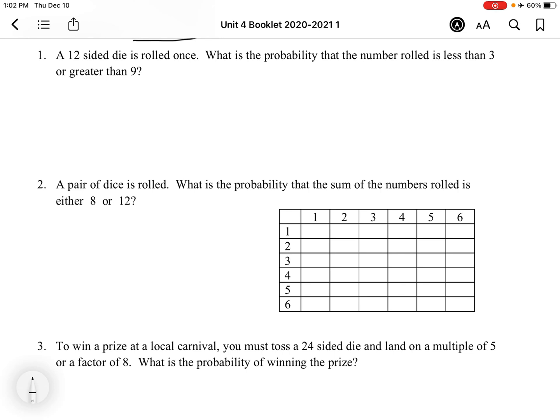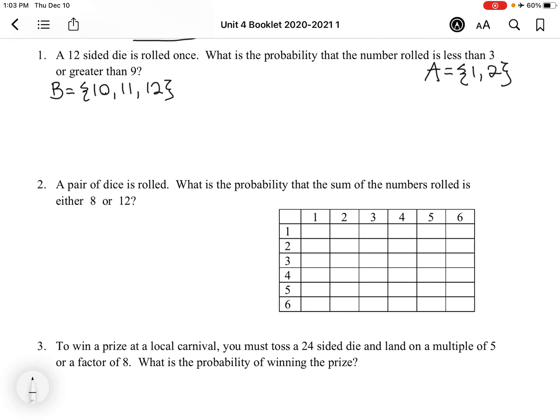All right, well, let's think about what would be favorable to less than 3. If we call that event A, less than 3 would be the numbers 1 or 2. Okay. Greater than 9, if that's event B, on a 12-sided die, that would be 10, 11, or 12.